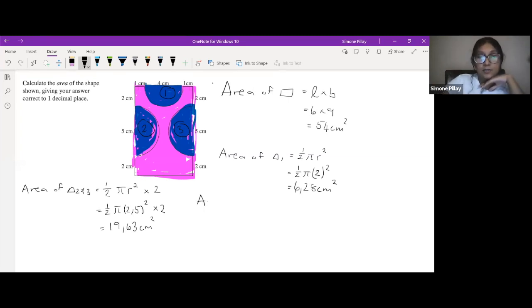So now we are on our final step. To get the area of my shape, what are we doing? Theo, are you still helping me? Yes, ma'am. We're gonna take the area for the whole rectangle and subtract 6.28 and 19.63.